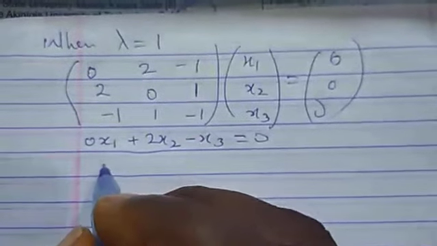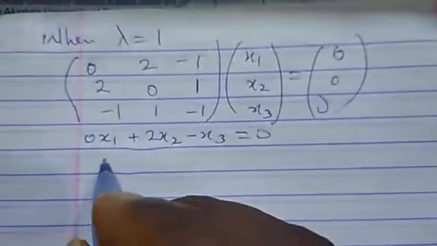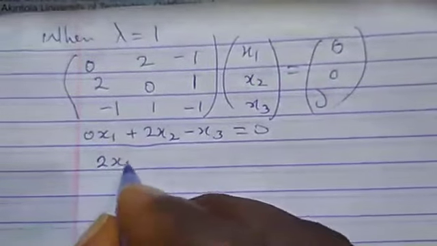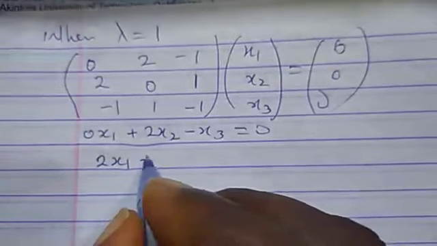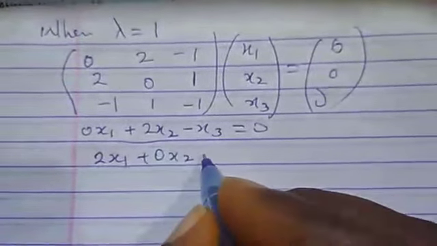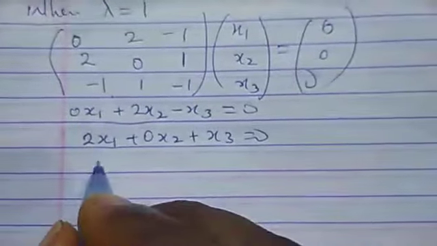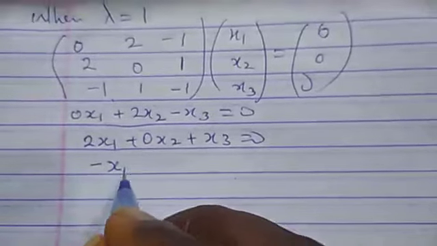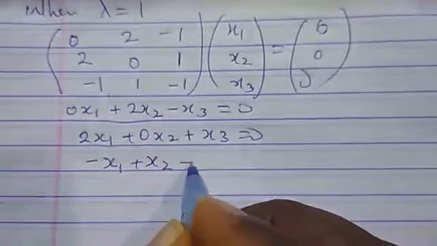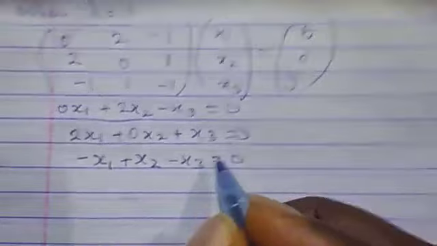Likewise, this will be 2s1 plus 0 s2 plus s3 equal to 0, and this one, minus s1 plus s2 minus s3 equal to 0.